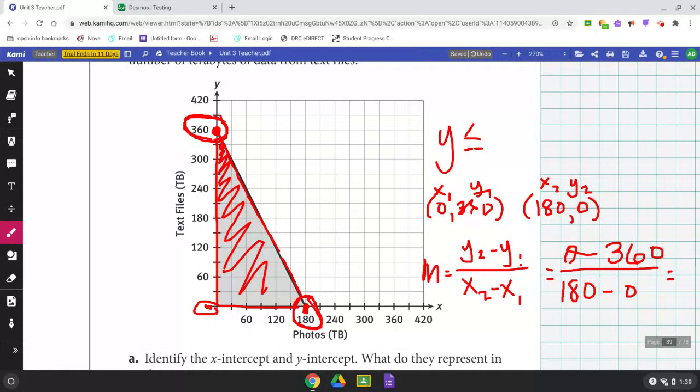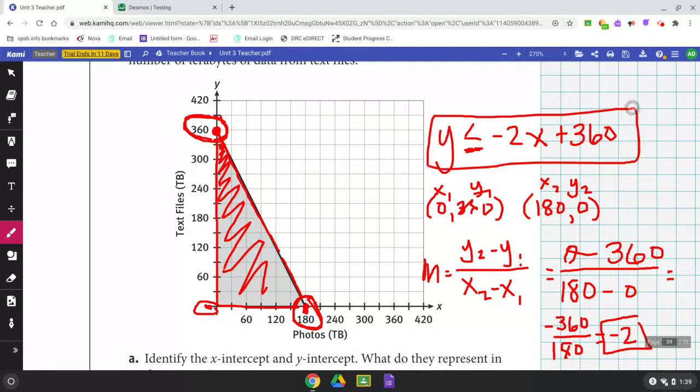Okay, so negative 360 divided by positive 180 is negative 2. So my slope is negative 2. So y is less than or equal to negative 2x. And what is my y-intercept? 360. That is the inequality of this graph.